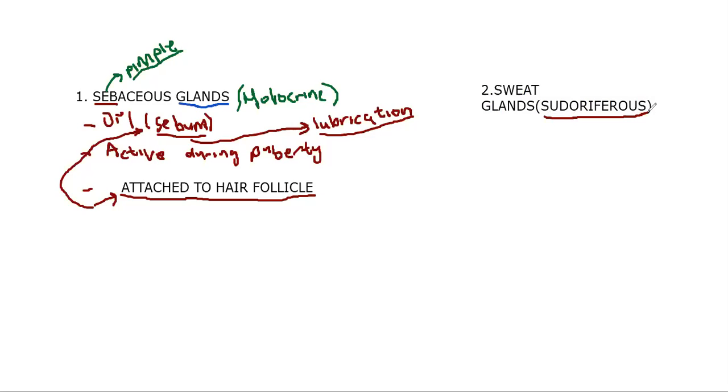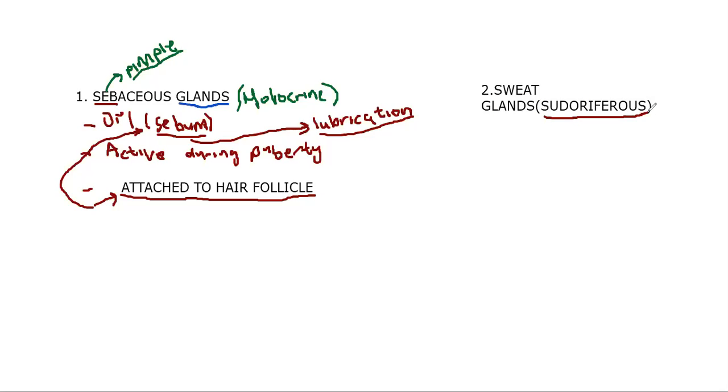So I'm giving you all the possible words that they might use so that you are not confused when you get there. I'm not just giving you this to flex or to waste your time. You must know this. If they say sudoriferous, you must know they are referring to a sweat gland. If they say sweat gland, that is obvious. If they say sebaceous, you think oil. Oil, you think sebum, right?